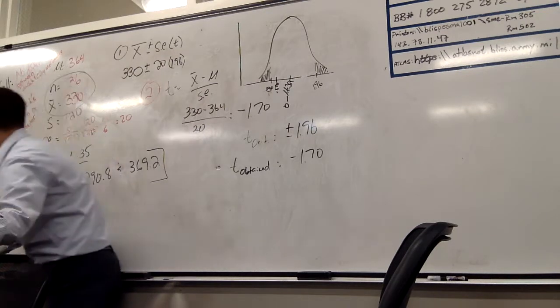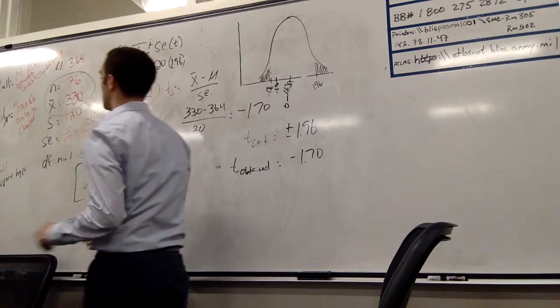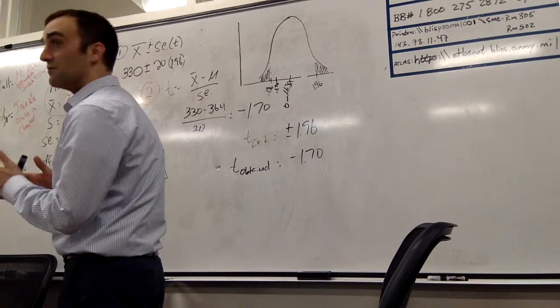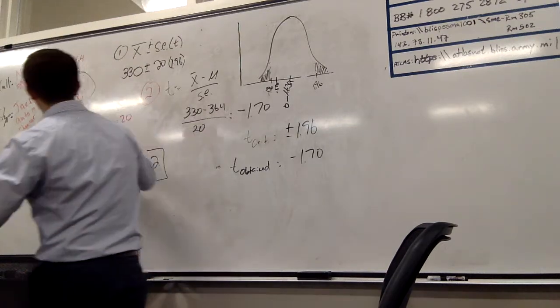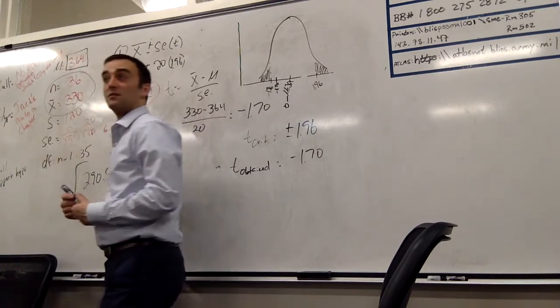It also means, and we didn't really cover it, that the population mean of Jack's repair costs is statistically no different than 364.